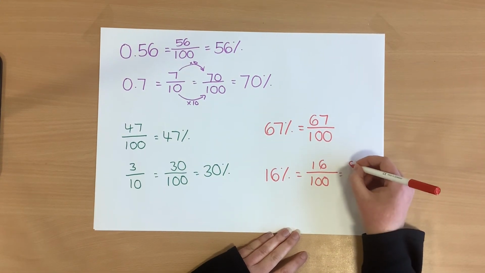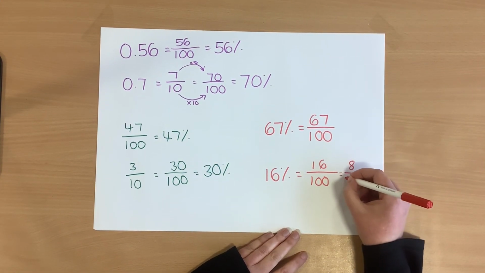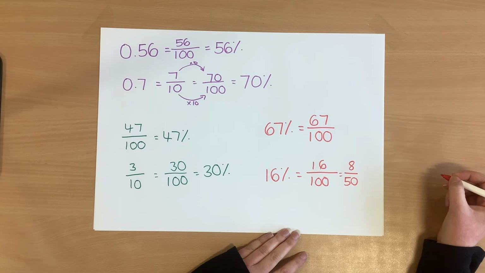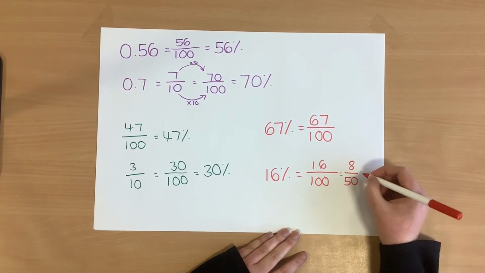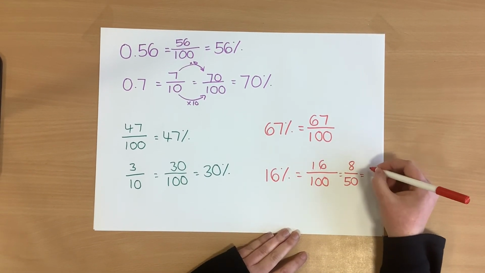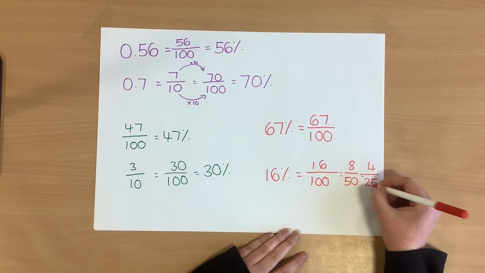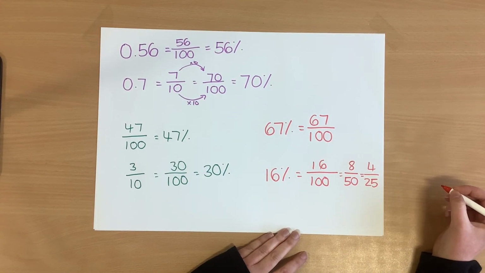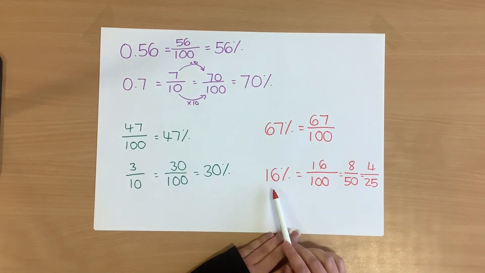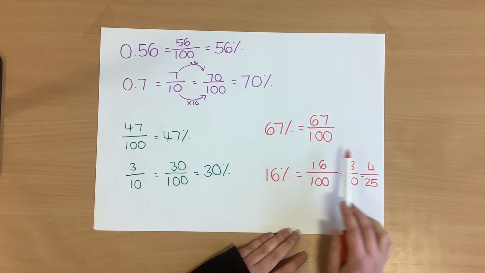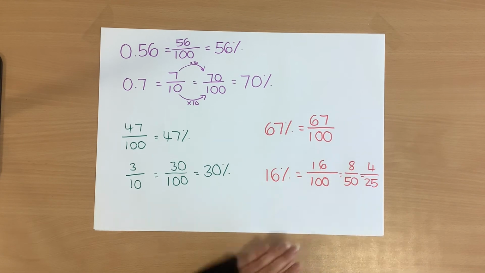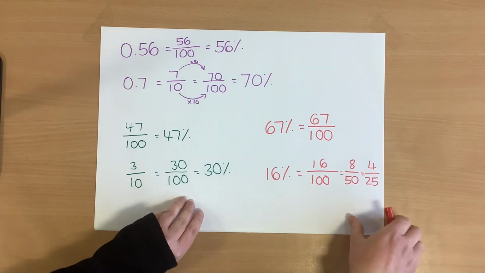So I could half it to be 8/50ths. And I notice again, I can half it again. So half of 8 is 4, half of 50 is 25. So 16% as a fraction would be 4/25ths. So that's just a very quick recap of practice 1.